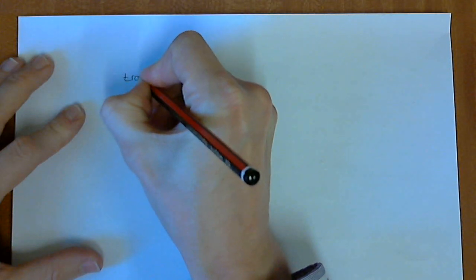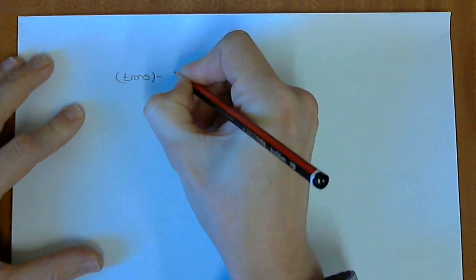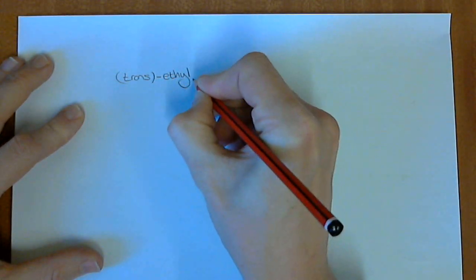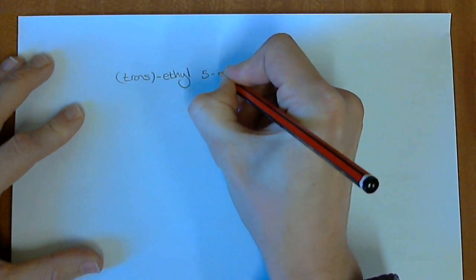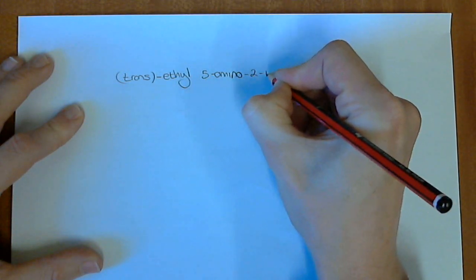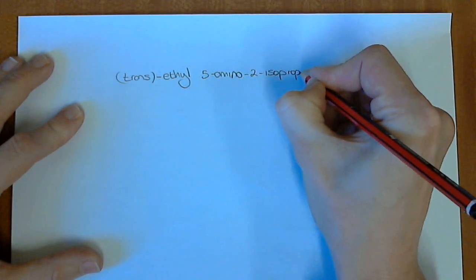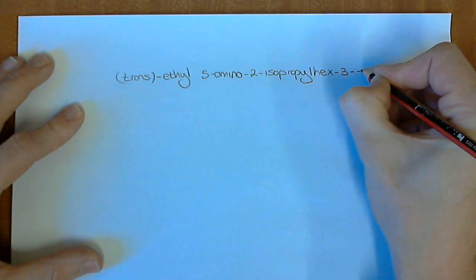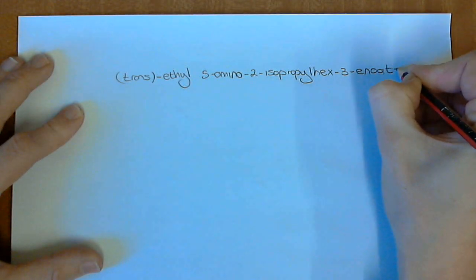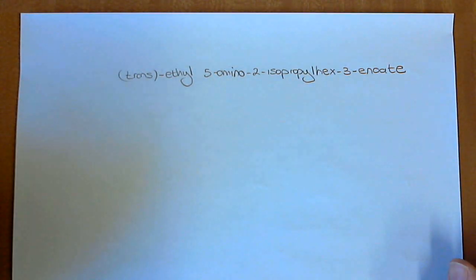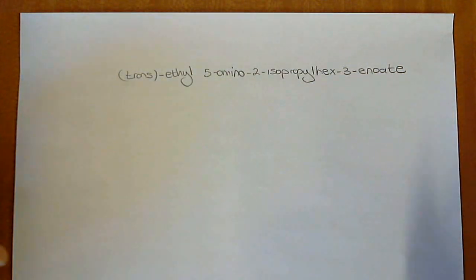But this one, it's trans-ethyl 5-amino-2-isopropylhex-3-enoate. All right, have a look at that. Pause, try and draw this out, and then come back and we'll see if we can answer that.